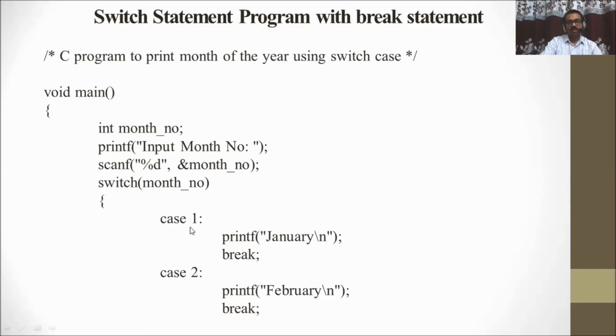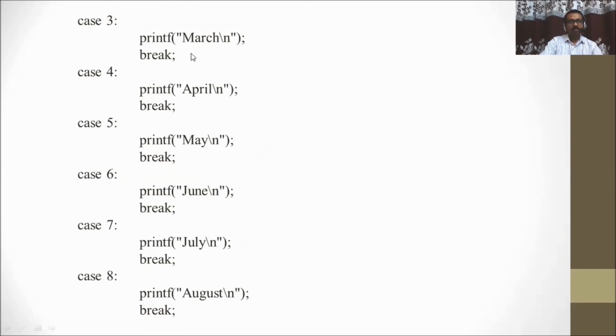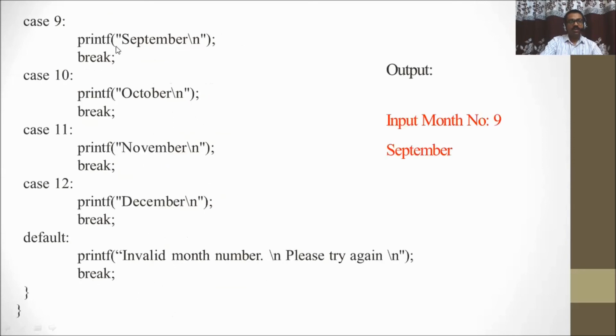Case 1 is January, then break; case 2 is February, and break; case 3 is March, then break; case 4 is April; case 5 May; case 6 June; case 7 July; case 8 August; case 9 September; case 10 October; case 11 November; and case 12 December.